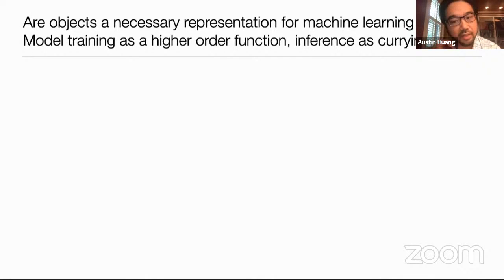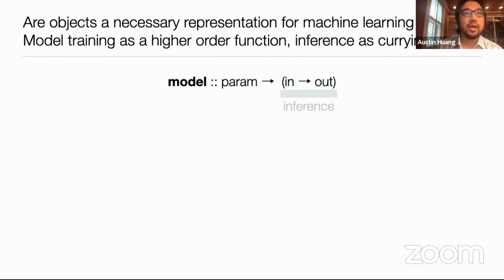To elaborate on this, a mile-high perspective: I can think about a model as a function waiting for an input, and the input it's waiting for is the parameters of the model to fill in. It returns a function once it has that parameter. The function it returns is what in machine learning is called inference, which is where you take data in and spit out a value.